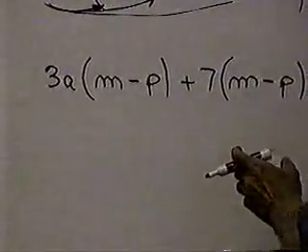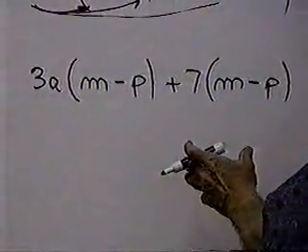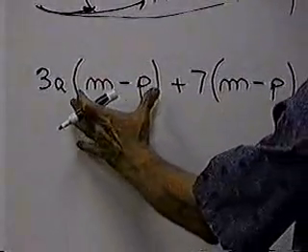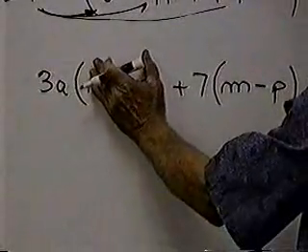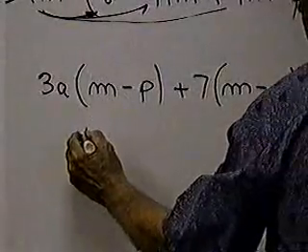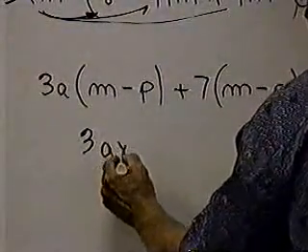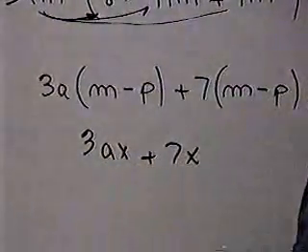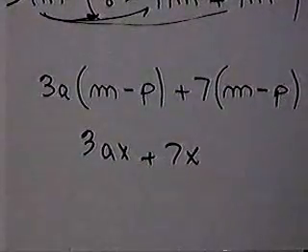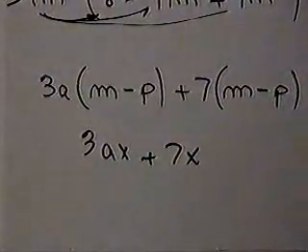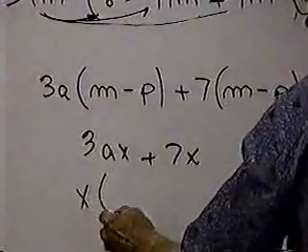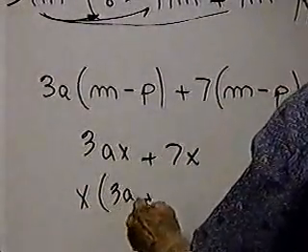What you need to do when you get into this level of algebra, you need to be able to look at a parenthesis as a single object. In other words, if I had 3ax plus 7x, what is a common factor? X. I could take the x out and have 3a plus 7.